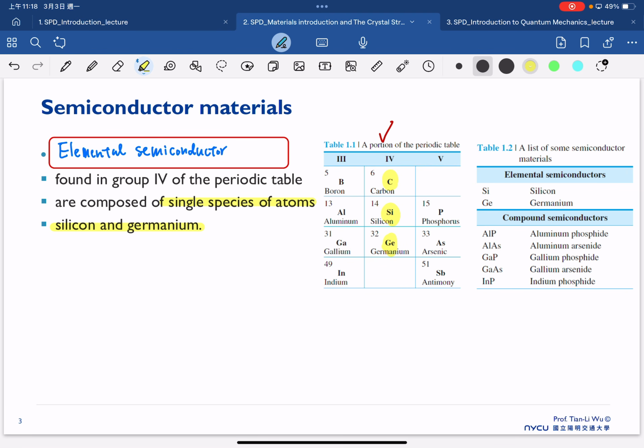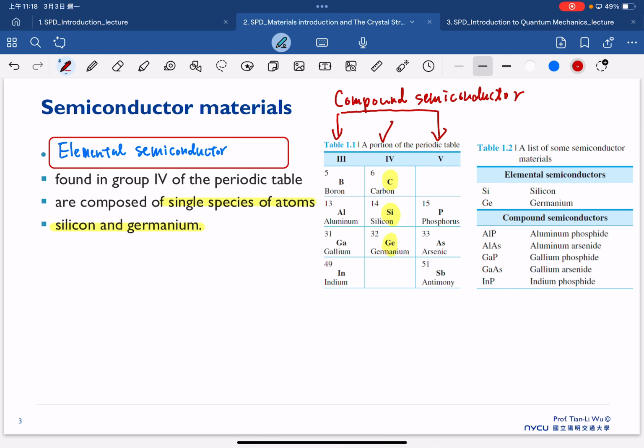On the other hand, we can also have semiconductor material that combines 2 different species. The most often considered is a combination of group 3 and group 5. That's what we call a compound semiconductor.